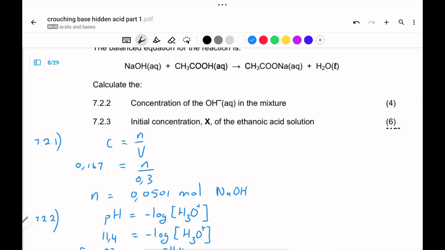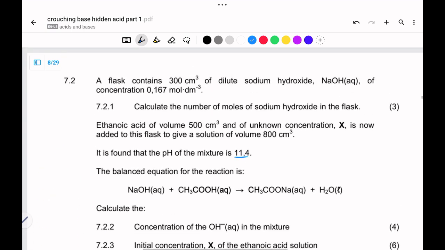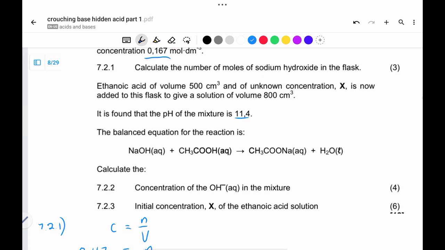the question for 6 marks, they want the initial concentration, not of the sodium hydroxide, because we already have that, but of X, of the ethanoic acid. Let us recall that we know the initial state of the base, and in essence we do know the final state of the base.